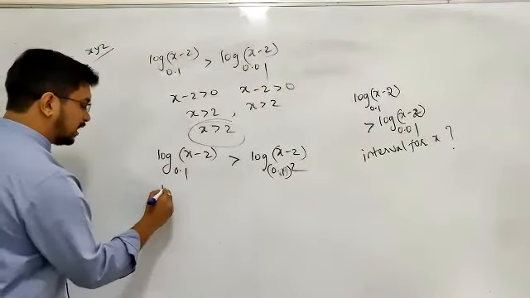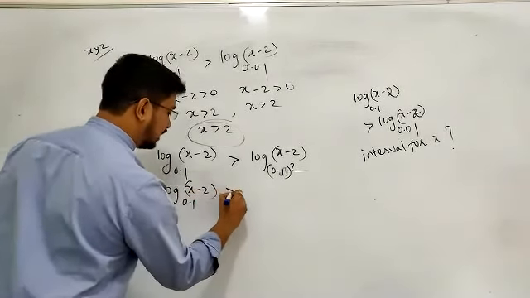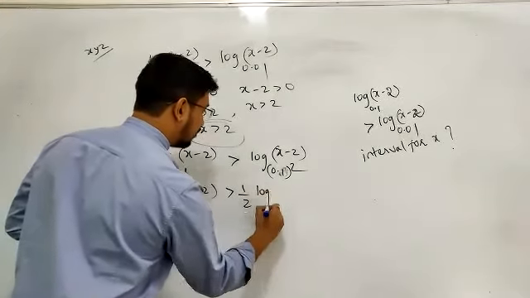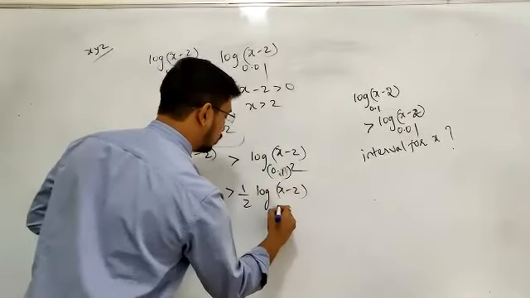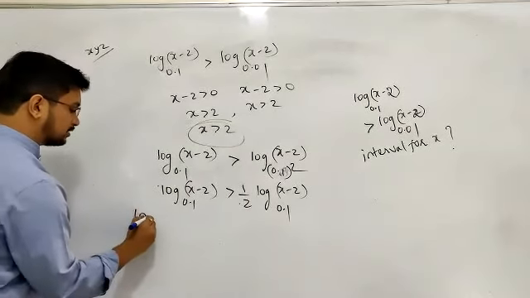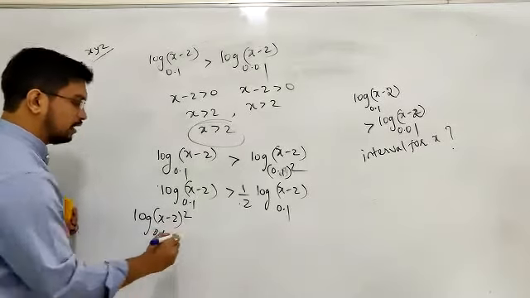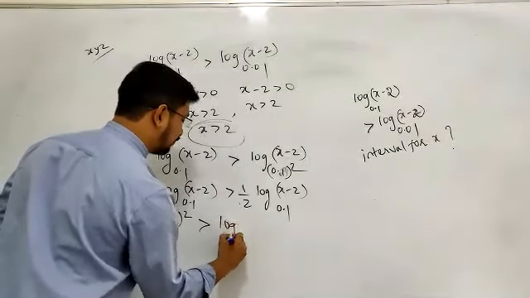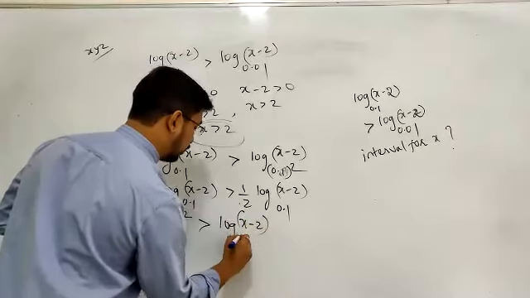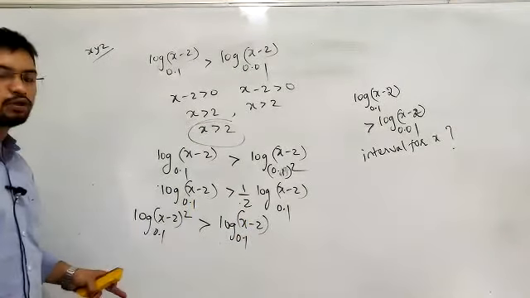So log of x minus 2 to the base of 0.1 is greater than half log of x minus 2 to the base of 0.1. Bring the half inside, so you get log of x minus 2 whole square to the base of 0.1, which is greater than log of x minus 2 to the base of 0.1.